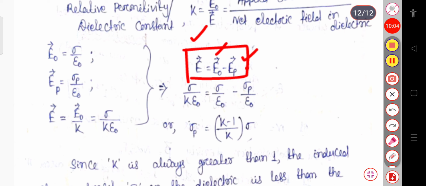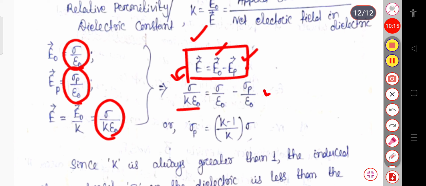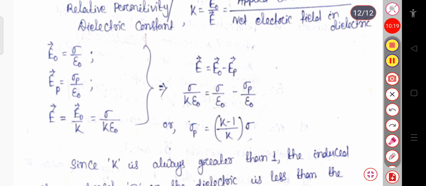So now if I substitute this value, E equal to sigma by k epsilon naught equals E naught, which is sigma by epsilon naught, minus sigma p divided by epsilon naught. Taking epsilon naught common, we can cancel this epsilon naught from both sides.